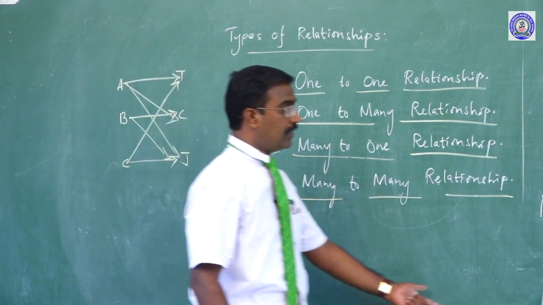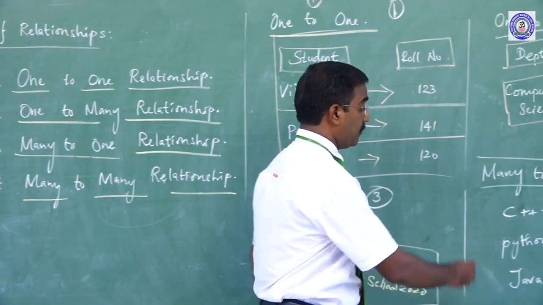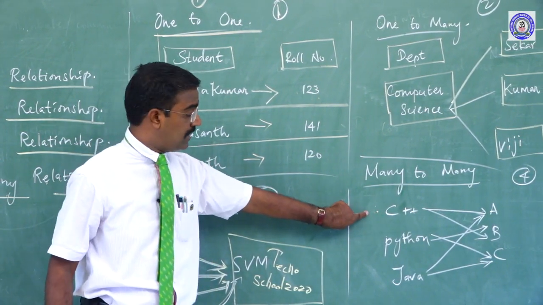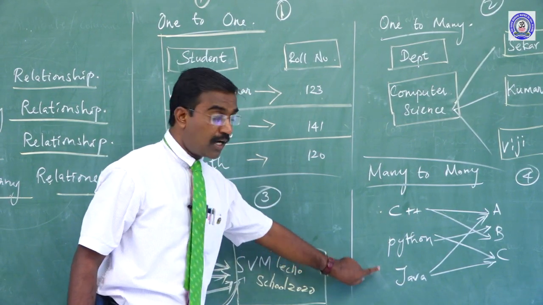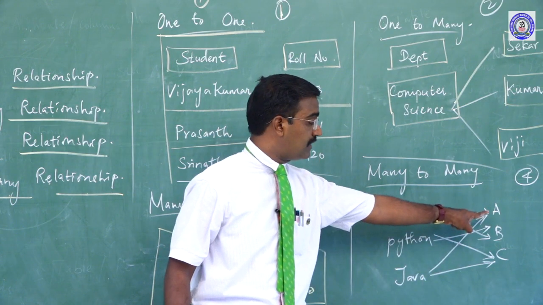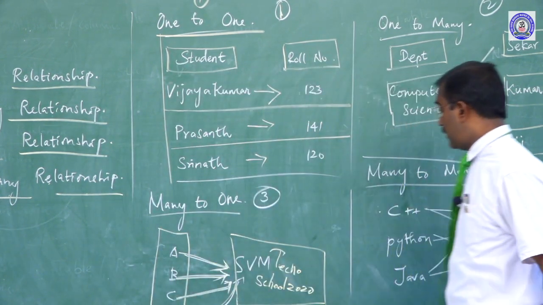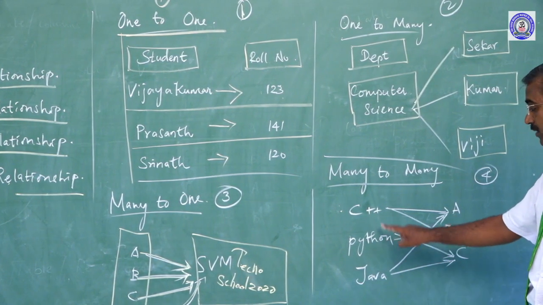Here is one more example from a textbook. These are books: the C++ programming language book, Python, and Java. These three books are compulsory for the children to study. There are three people: A, B and C. Person A is studying the Java book, Python book and C++.